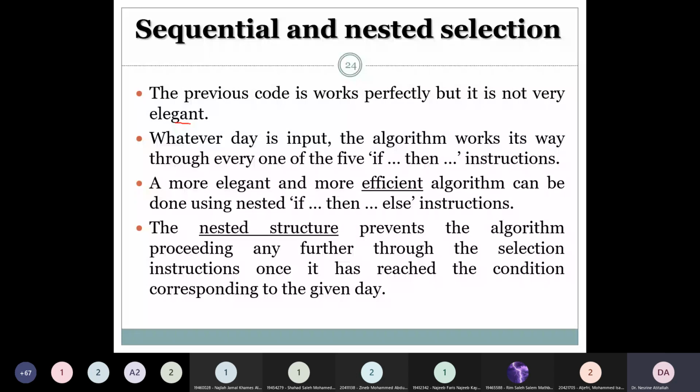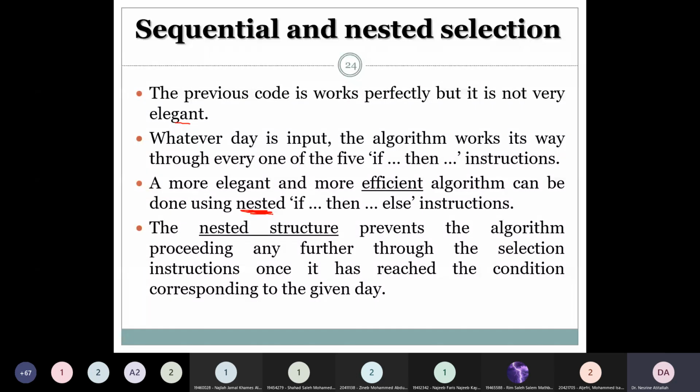Do you remember the sequential and the nested selection already? When we saw it the first time, we compared the nested structure with the sequential instructions, and we saw that there are unnecessary runs of some instructions in the sequential structure.